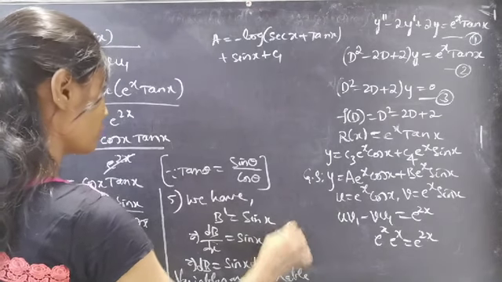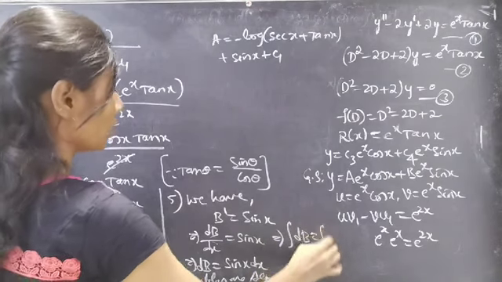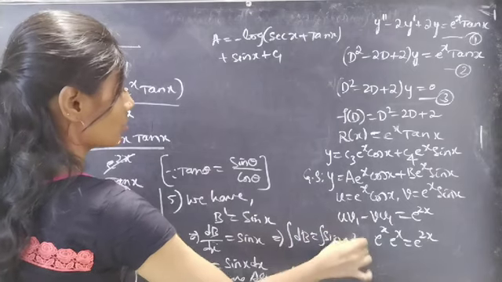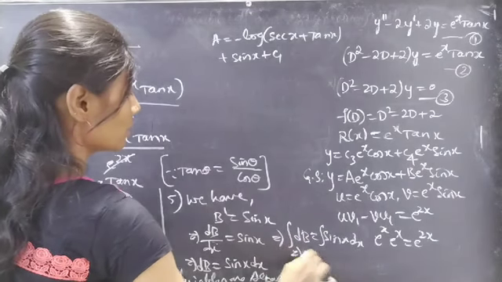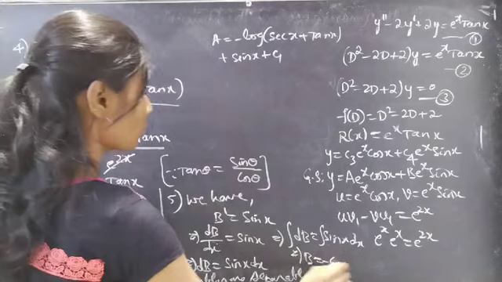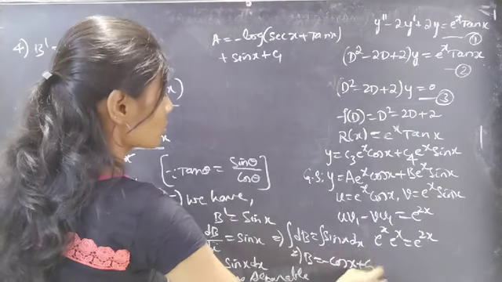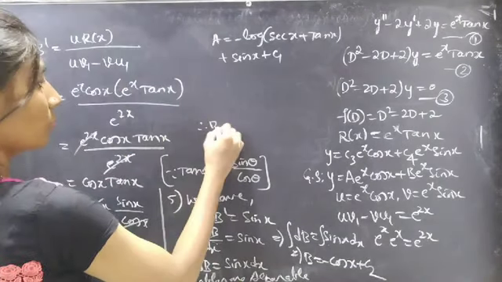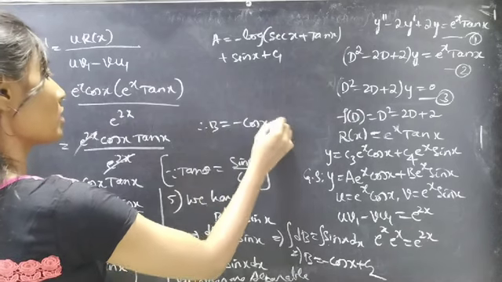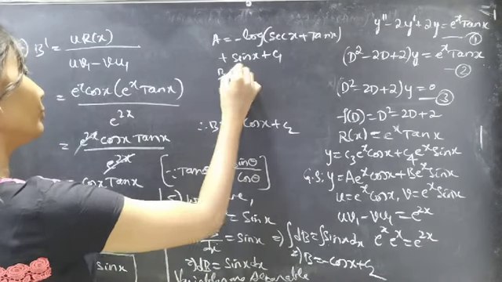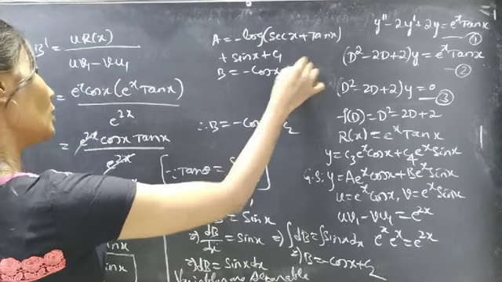So we can perform integration. Integral dB equals integral sin x dx. From this we'll get B equal to integral sin x, which is minus cos x, plus integral constant c2. Therefore B equals minus cos x plus c2. We got A and B.